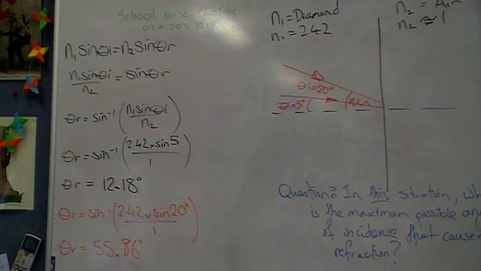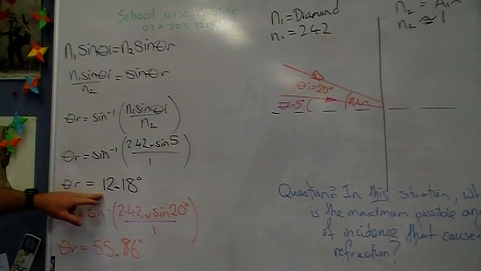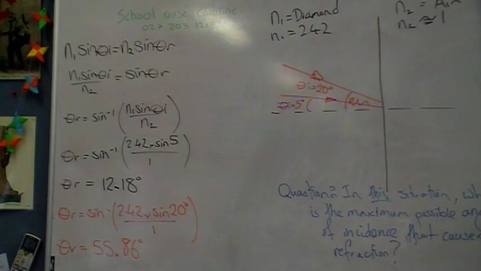And then the way to attack the last problem, the question of what's the maximum possible angle of incidence that causes refraction, is to think about what's the maximum possible angle of refraction. 90 degrees. We're noticing here it goes in at 5, comes out at 12, goes in at 20, comes out at 50.